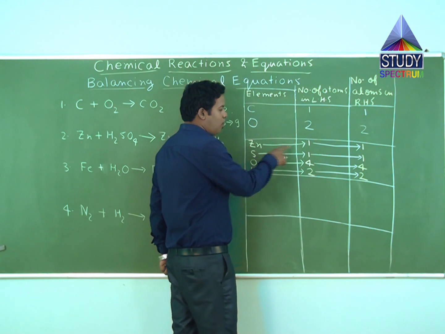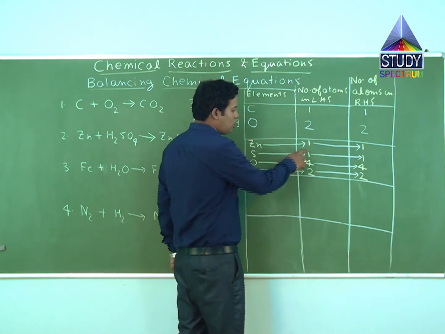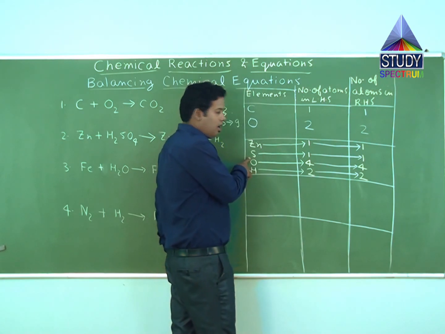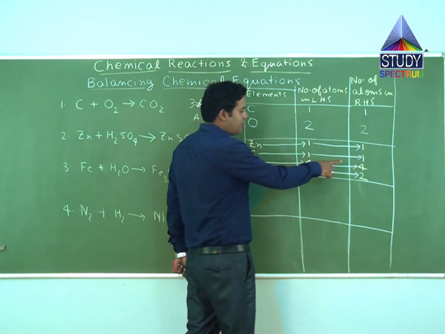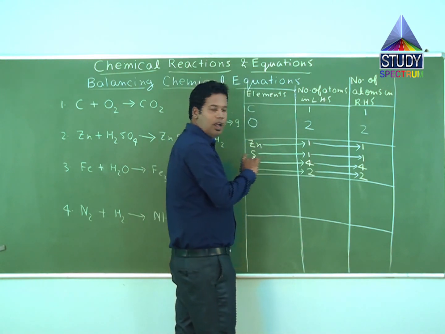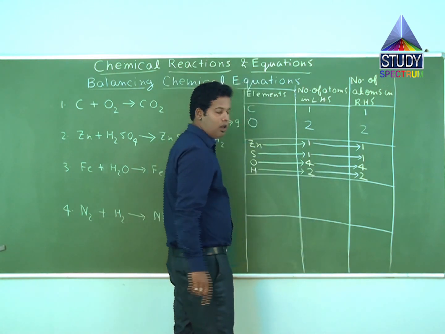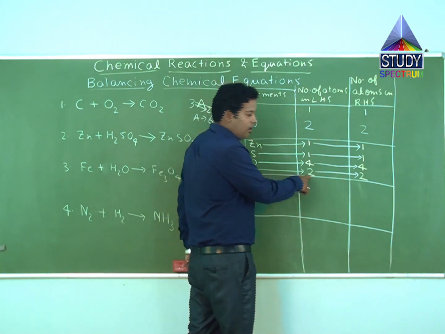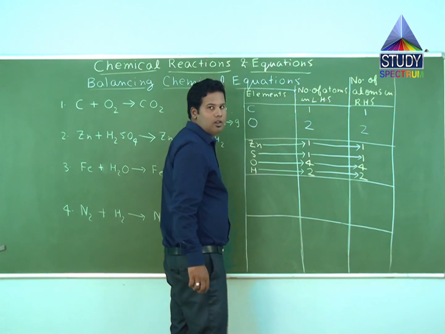For zinc, number of atoms of zinc in LHS is 1, in RHS it is also 1. Number of atoms of sulfur in LHS is 1, in RHS also it is 1. Number of oxygen atoms in LHS is 4 and in RHS also it is 4. Number of hydrogen atoms in LHS is 2 and number of atoms of hydrogen in RHS is also 2.